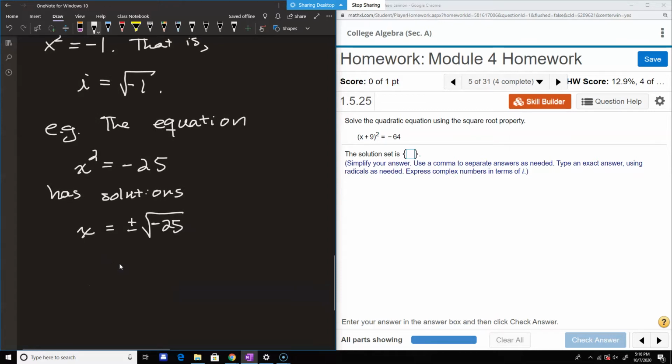And we could think of this as plus or minus the square root of 25 times the square root of -1. And that square root of -1 you can replace with that imaginary constant i. So this would be plus or minus 5i. So those would be the solutions. We're not going to go into more depth than that, so for all purposes in this class, you can just think of i as the square root of -1.